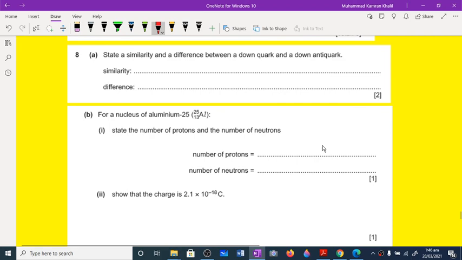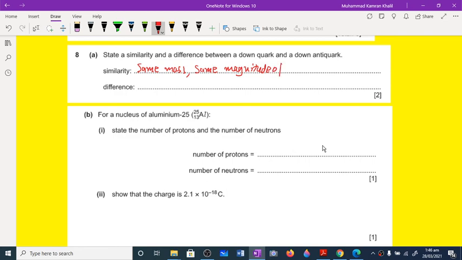State a similarity and a difference between the down quark and the down anti-quark. There are so many similarities. Number one, they have the same mass. Number two, they have the same magnitude of charge.